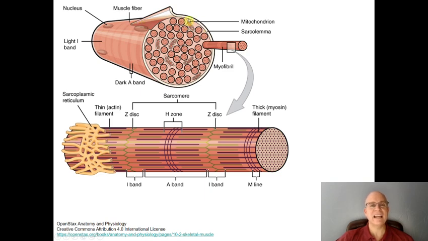Looking inside of the muscle fiber, we can see lots of myofibrils with dark bands and light bands and dark bands, etc. Here they've taken one of these myofibrils and they've pulled it out so that you can see here's a dark band, here's a light band, here's a dark band, here's a light band. They've also included some sarcoplasmic reticulum here because we store calcium there, which we're going to need for muscle contractions coming up in just a little while.